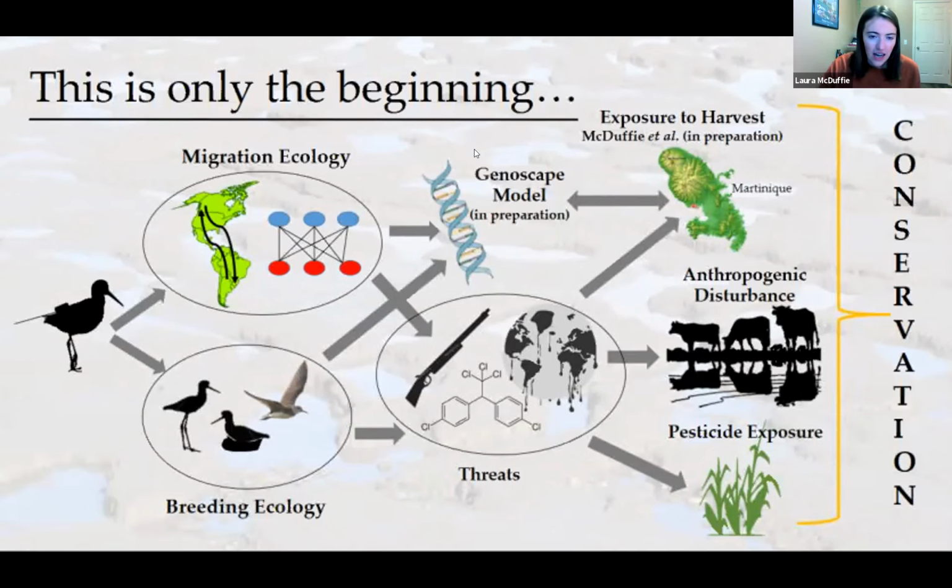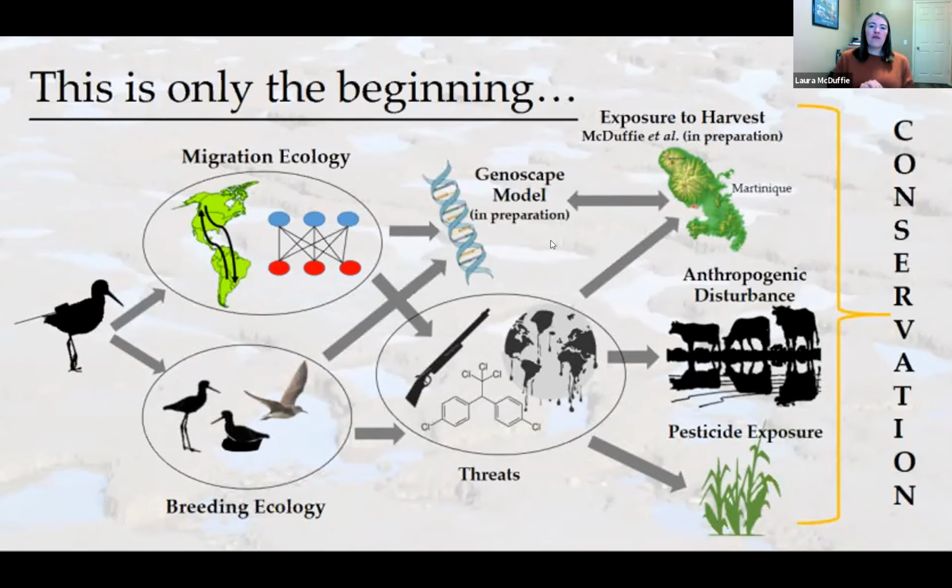Additionally, we're currently doing this genetic exploration. We are building a genoscape model. We've got a lot of feathers, and we're trying to determine if these different breeding and post-breeding populations are genetically distinct from one another.